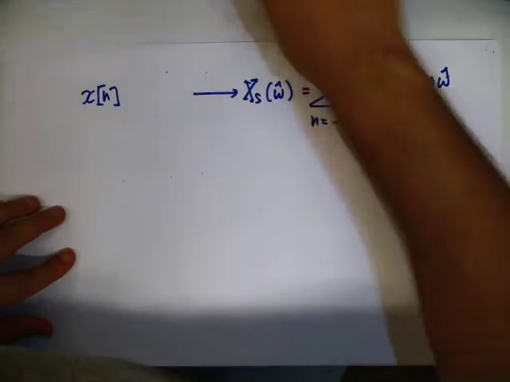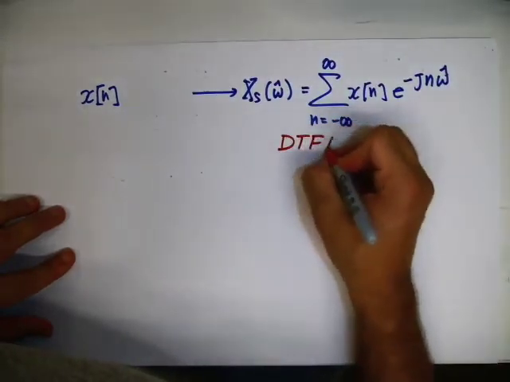Okay? This is the discrete time Fourier transform.